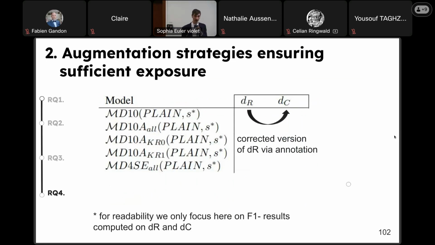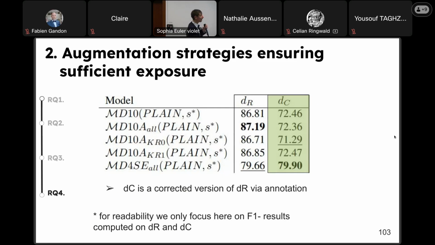The first one is a random set, and the second one is a corrected data set that is corrected in the same way as the proposal we did in our last works. This data set is corrected by asking an annotator to correct each relevant and to add each relevant false positive into the test set.